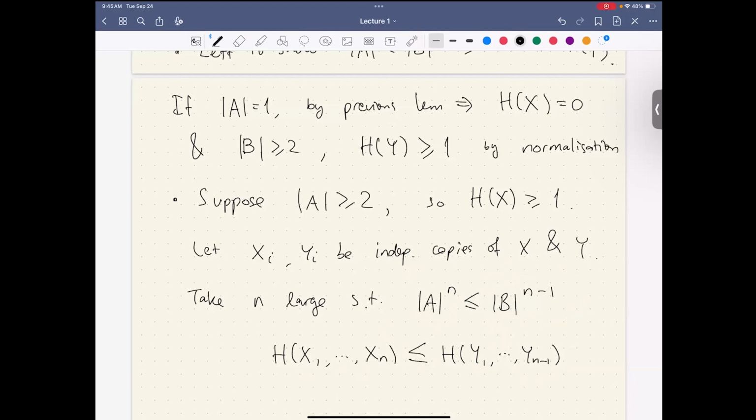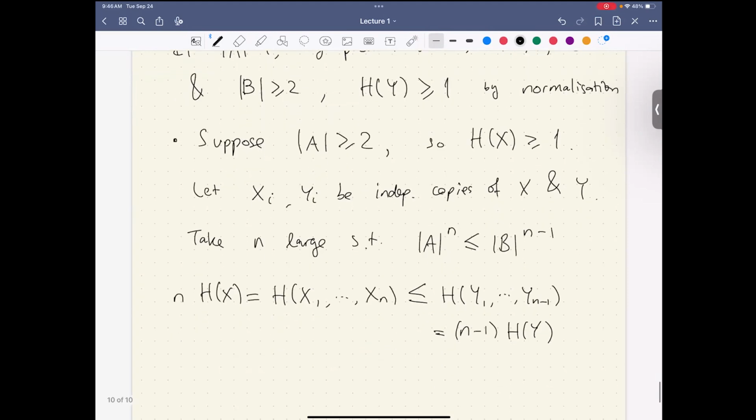On the other hand, previously we proved that the joint information of independent random variables equals the sum. So this equals n times H of X, whereas here it is n minus 1 times H of Y. Then we are done. H of X is strictly less than H of Y.